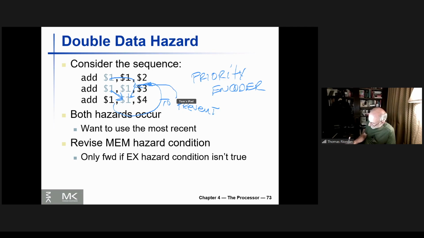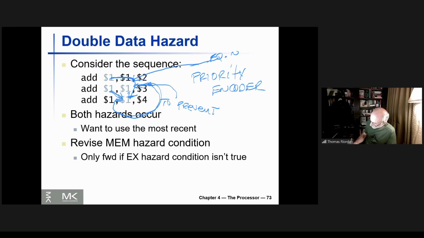We want this guy here to prevent this guy here. And so what we do, therefore, is that the equation that we had for that guy there, whatever it was, we'll say, and not this guy here.